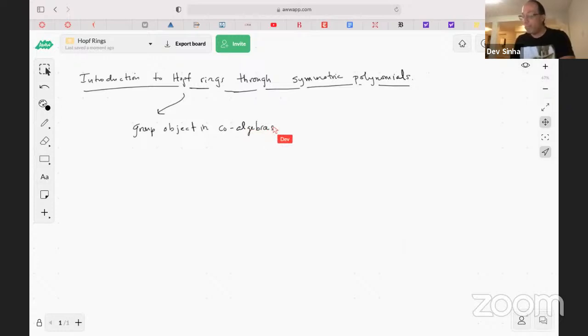And note that it's a ring object, of course. The group objects in the category of coalgebras, that's often called a Hopf algebra.